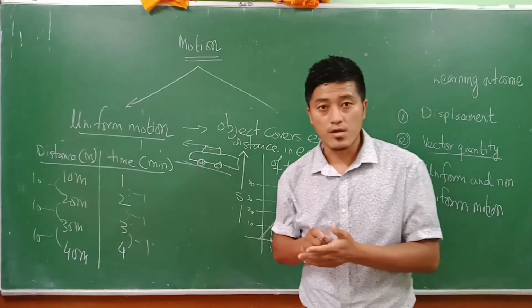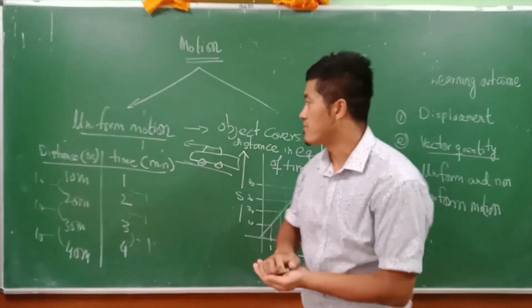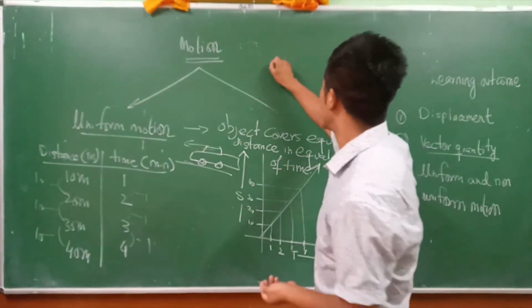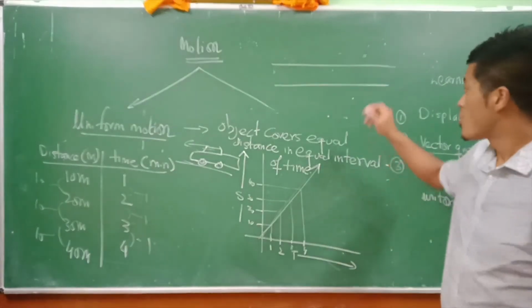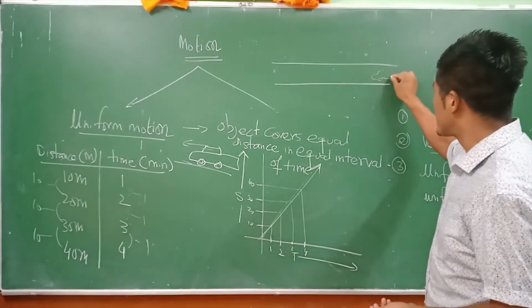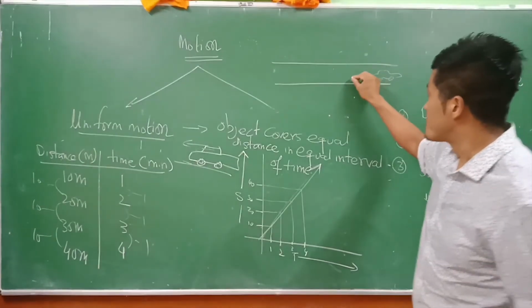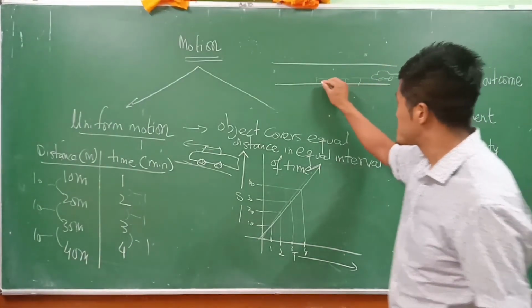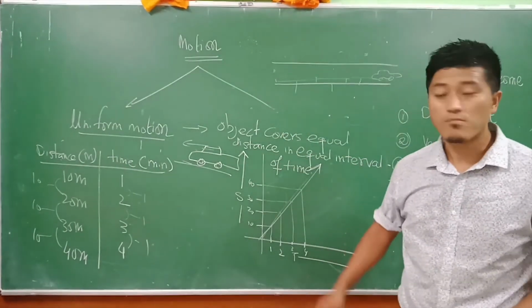This kind of motion is uniform motion. For example, on a plain, straight highway, if this car covers 10 meters in 1 minute, then another 10 meters in 1 minute, then another 10 meters in 1 minute, we call this kind of motion uniform motion.